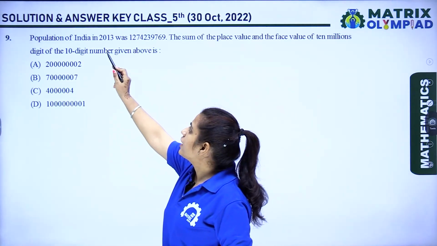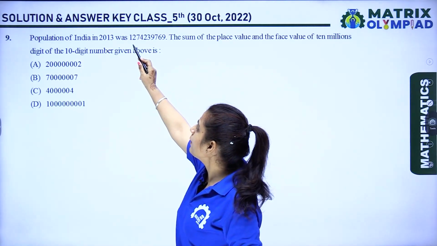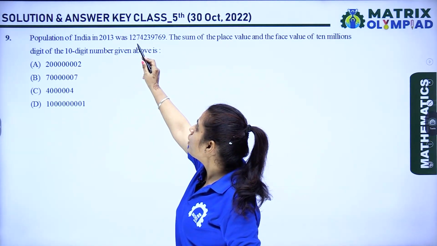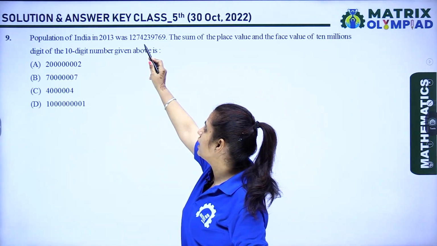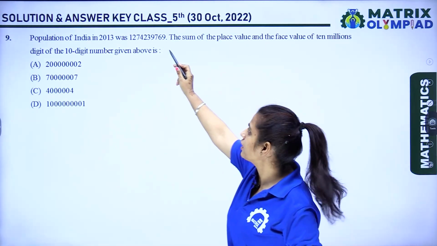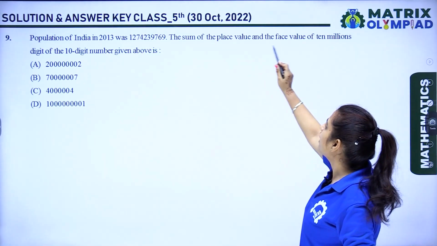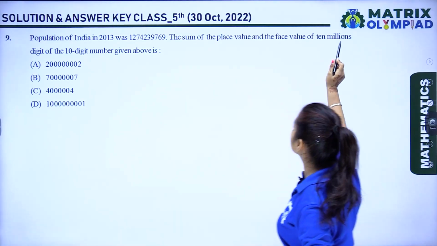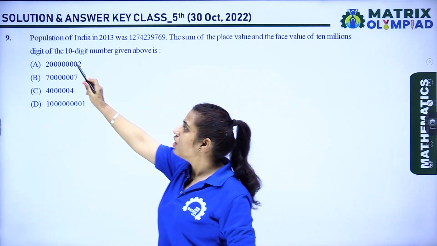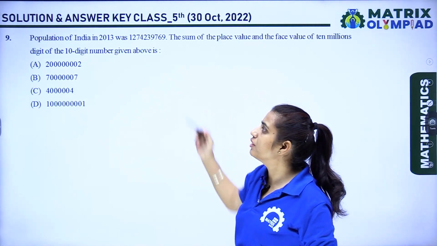Population of India in 2013 was 1,274,239,769. The sum of the place value and the face value of the 10 million digit of the 10-digit number given above is.